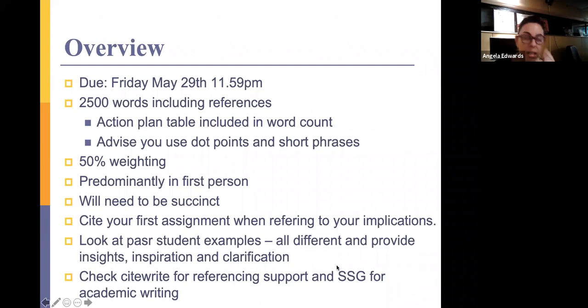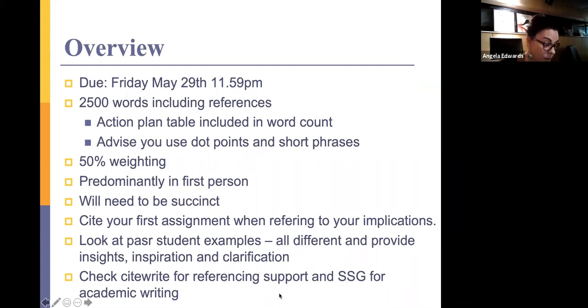I've probably marked 80% of the assessments now, and some of them were really lacking that accuracy with APA, and at a master's level that is really important. So not just your reference list but your in-text referencing as well.